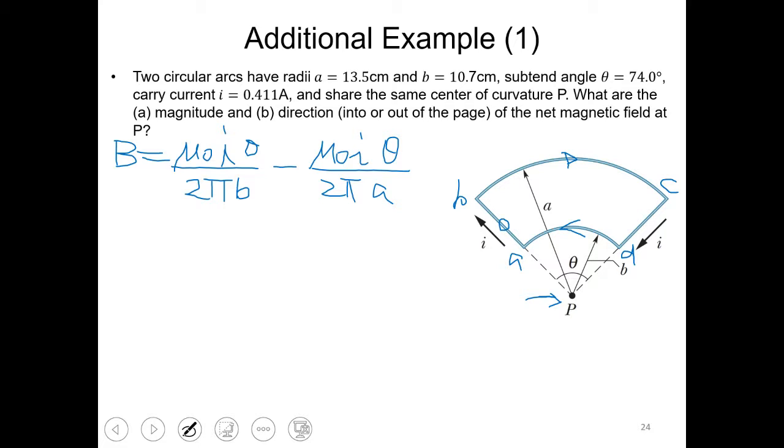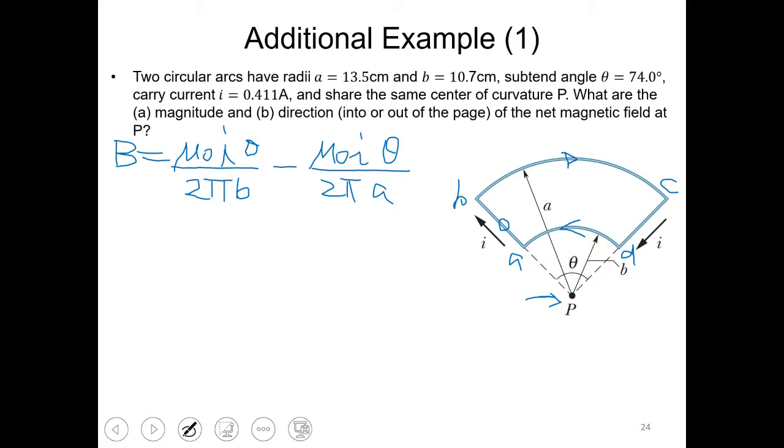Because for this segment, using the right-hand rule, at point P it will be out of the page, and for BC it will be into the page, and for the other terms they are the same.